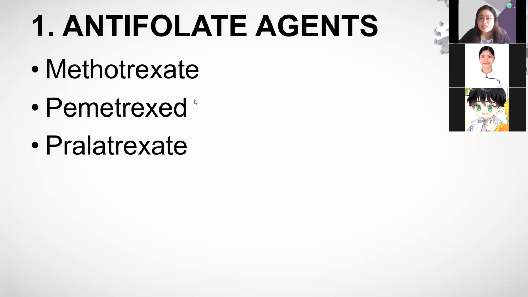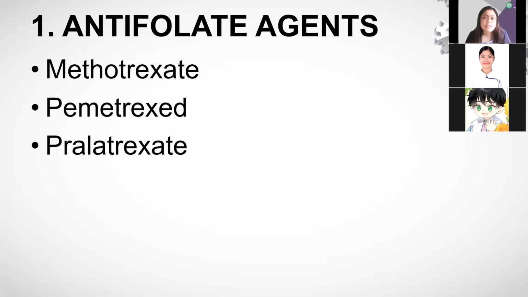Now, what are these antimetabolites? Number 1, we have the so-called antifolate agents. Again, we call them antifolate agents, and from the name itself, anti-folate, meaning they will inhibit the formation of the folate or the folic acid in the body, which is a vitamin, specifically vitamin B9, and its work is for cell division.